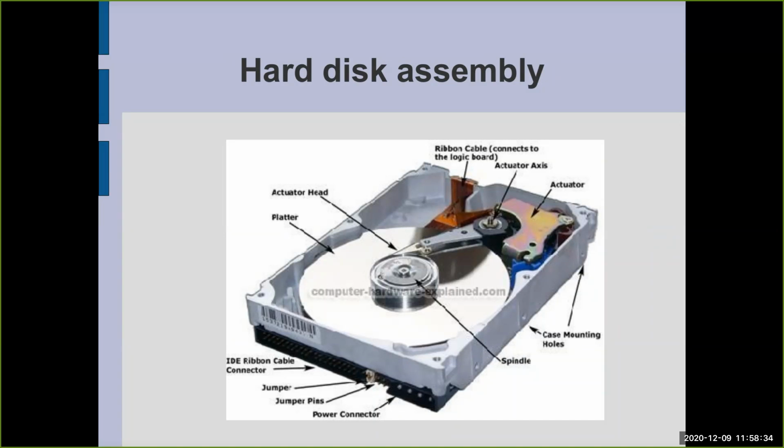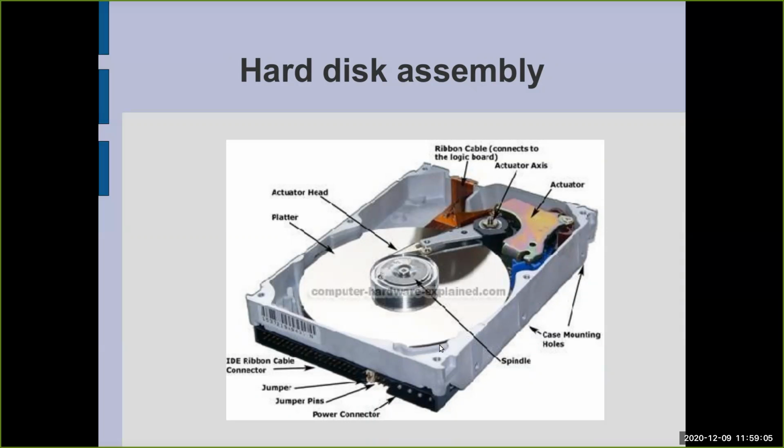I think some of you may think that it is a little bit obsolete, but still in workstations and in servers, we have a lot of hard drives because we have bigger capacity compared to SSD. So here you have the hard disk assembly.